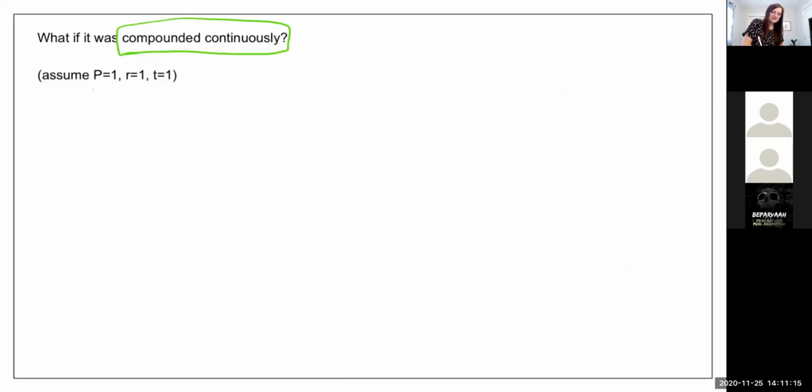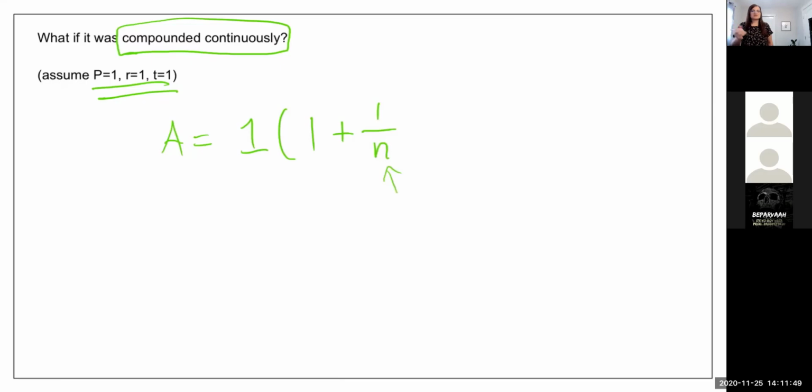So let's just take an example of, let's say we were compounding continuously. So we'll use the same formula for the amount. And let's say we're starting with principal 1, just one cell is starting out, and we're going 1 plus, times 100%, so 1 over n, and then n is now the continuous variable.